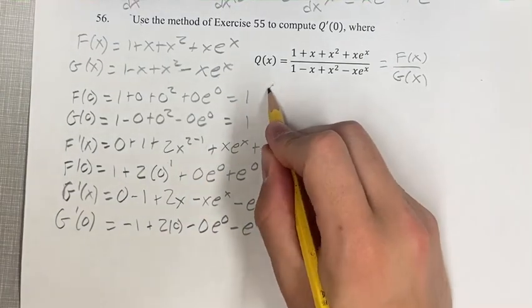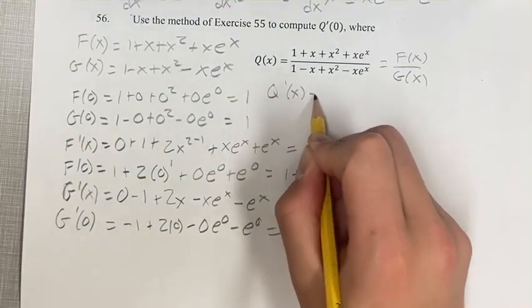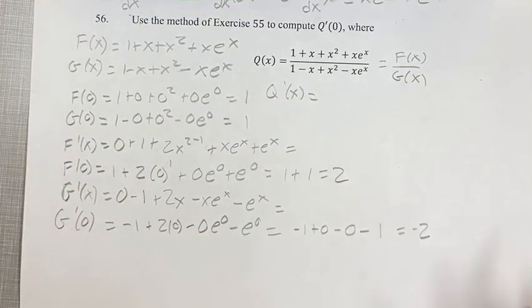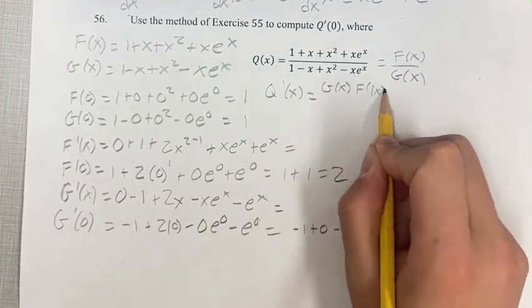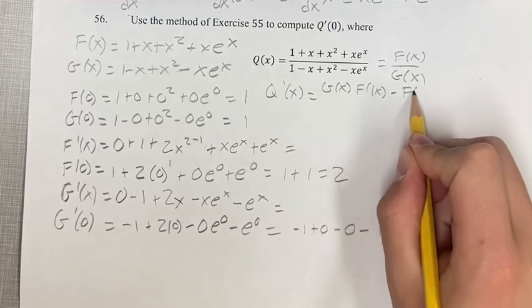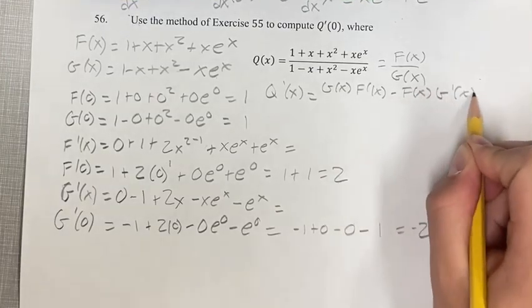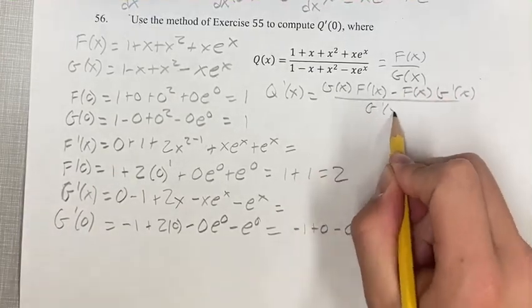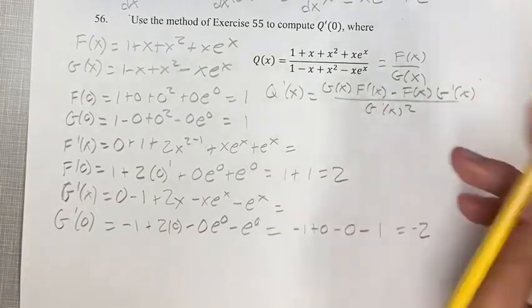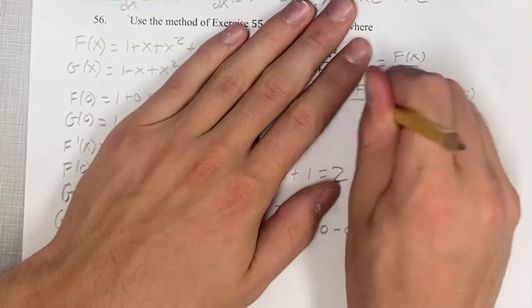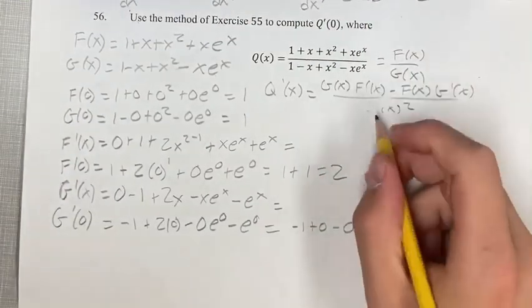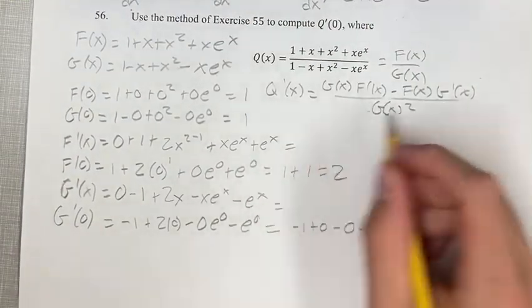Because now, when we find the derivative of q, this is equal to the denominator times the derivative of the numerator minus the numerator times the derivative of the denominator, over the denominator squared. Make sure that's the denominator and not the derivative of the denominator. It's just plain old g of x.